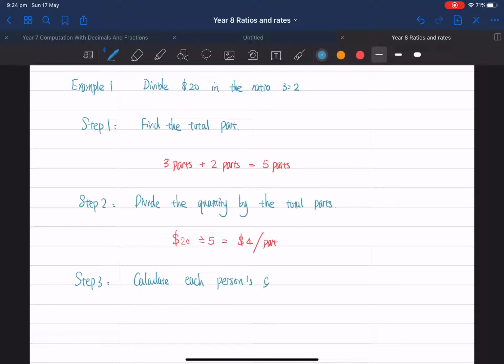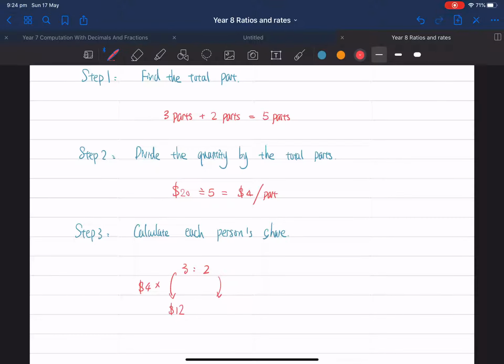The person who gets 3 parts is going to get $12, and the person who gets 2 parts is going to get $8. So that becomes 12-to-8. This is a very easy working out, and if you just follow these 3 steps, you should be able to find each part quite easily.